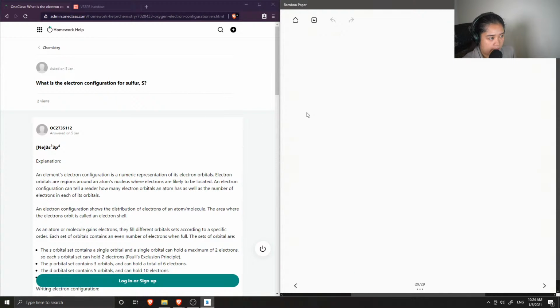Okay, so question number 5 asks, what is the electron configuration for sulfur? Okay, so I'll just quickly explain how one can find the electron configuration.